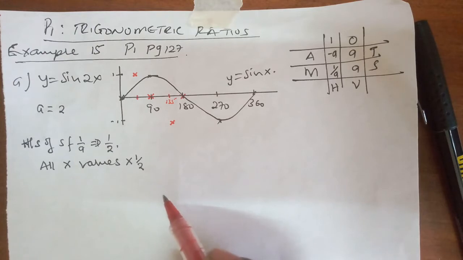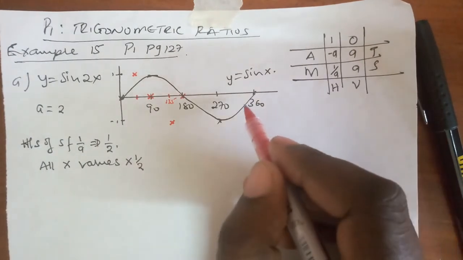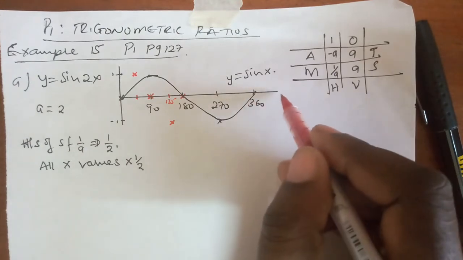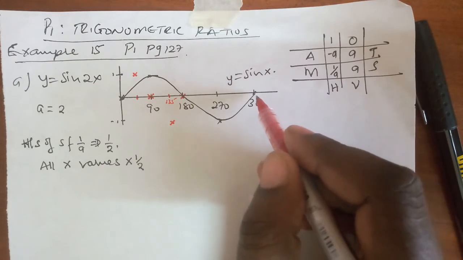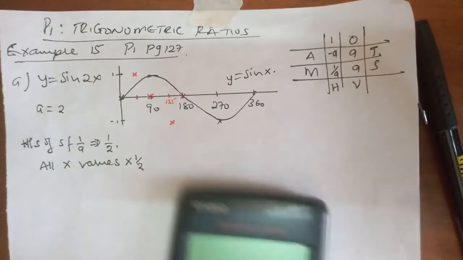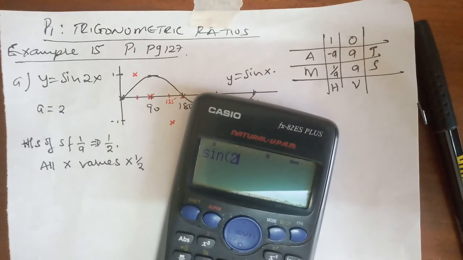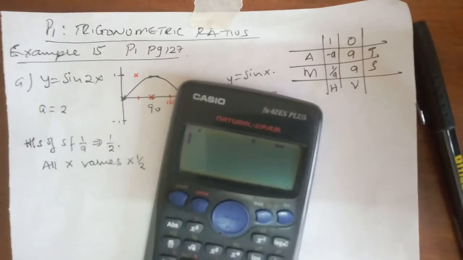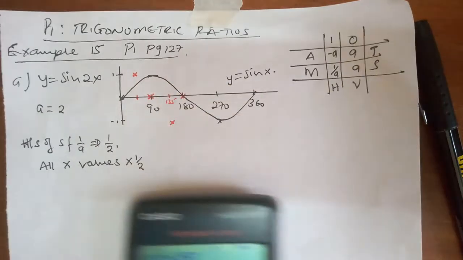Of course, if we add 90 here, we get 450 degrees. The sine of 450 degrees is 1.